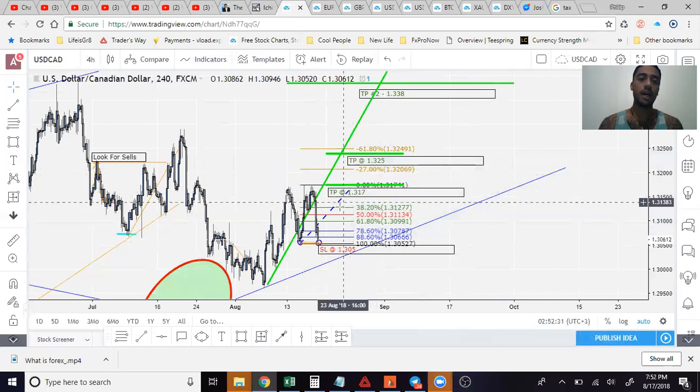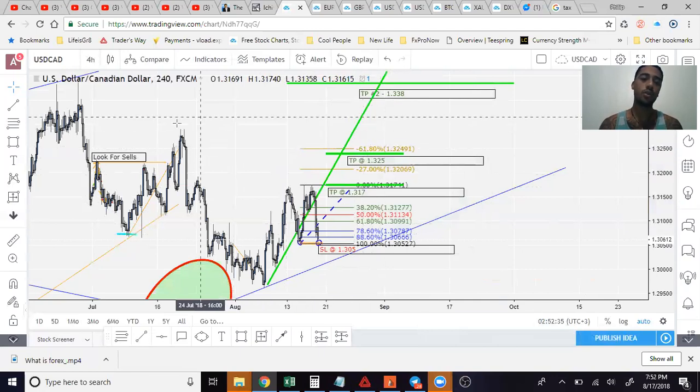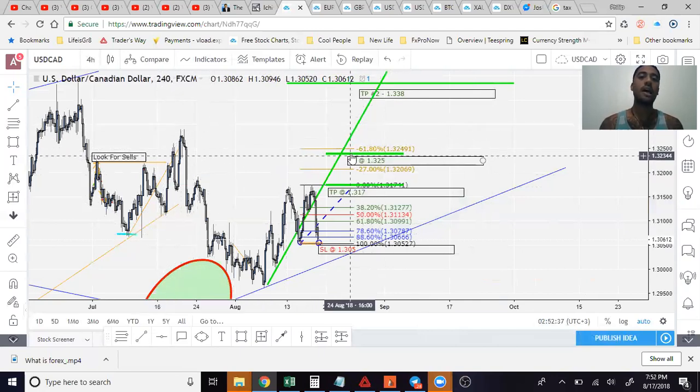Next take profit, I have at the negative 61.8 extension, which correlates with the last high over here. I'm not going to put it right at that level. I'm going to put it a little lower. So I have it at 1.325, which is about in this area right here.